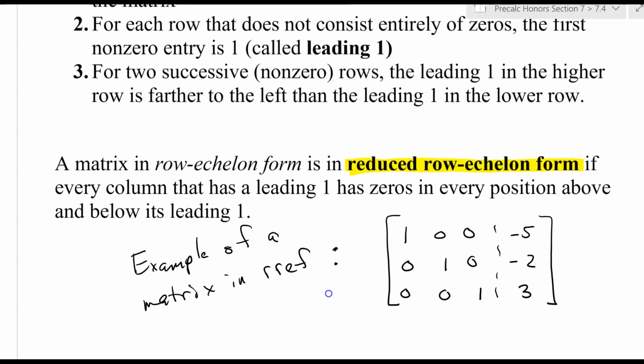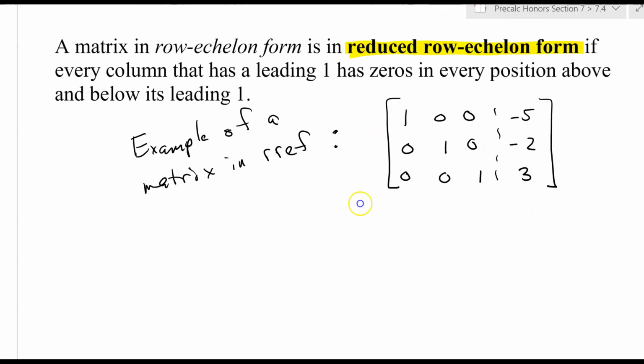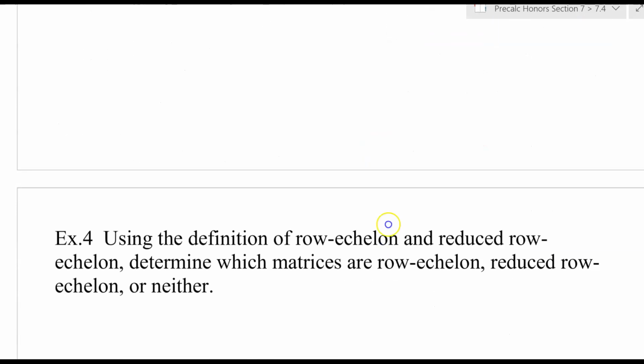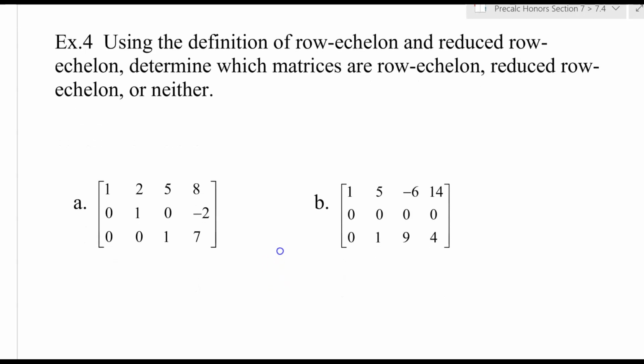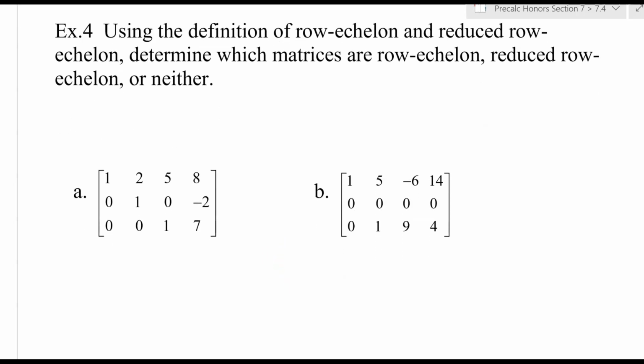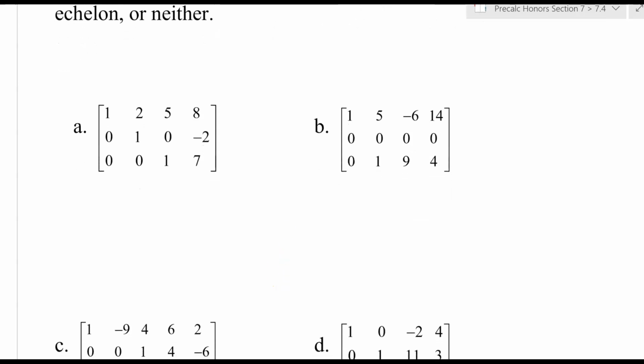Alright, so a little bit of vocabulary there for you. So let's take a look at some matrices and decide which ones are row echelon form, reduced row echelon form, or maybe neither. Alright, so in A, here's a leading 1 and everything below it is a 0.